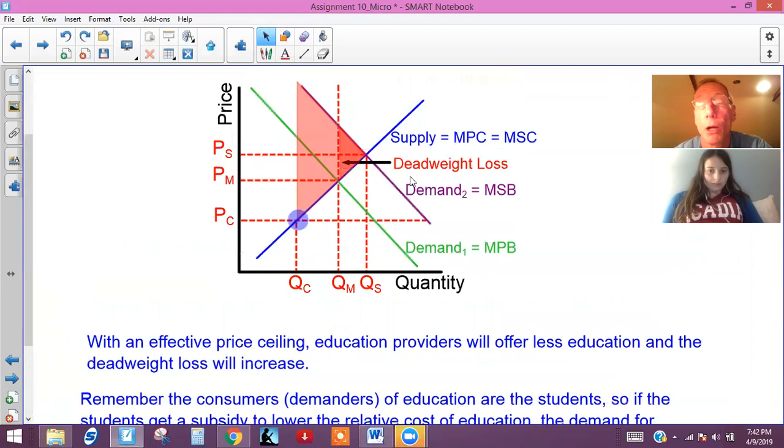But in the book, the answer is very short. It just says it's going to increase. But I want to get more into it. Why would it increase? Well, the demand could shift up because if students don't have to pay as much, then more students are going to want to go to school. But also, if there's a subsidy, that technically makes the cost go down, right?